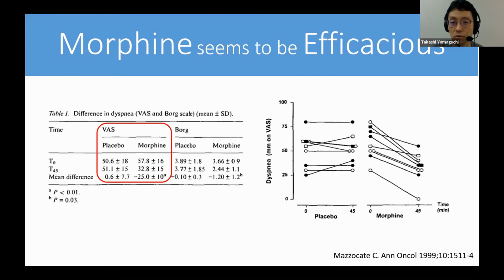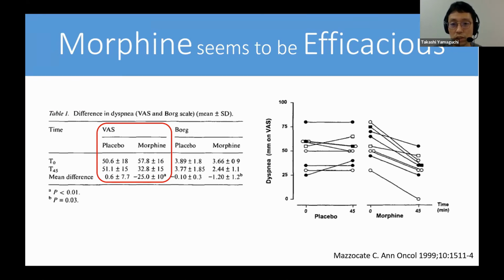45 minutes after administration of both medications, although the VAS score didn't change in placebo, so 51.1, the VAS score decreased to about 25 in the morphine group, so to 32.8.